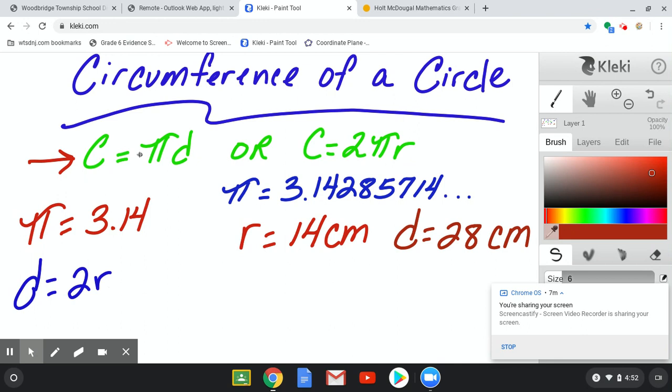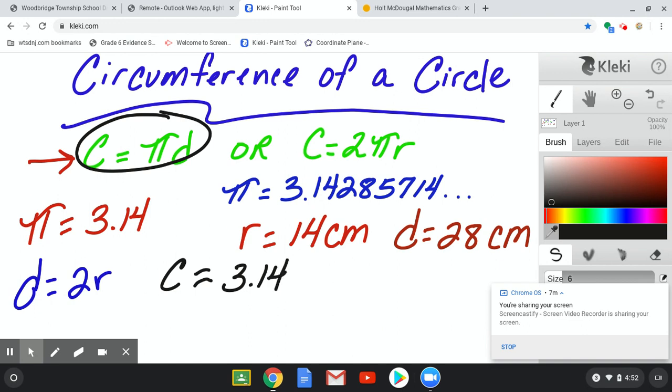So now I can still use this formula, which I would prefer to use, because this is the one I think is the easiest to remember. So now I'm going to go ahead and use that formula. My circumference is approximately equal to 3.14 times my diameter, which we now know is 28 because it's twice my radius.